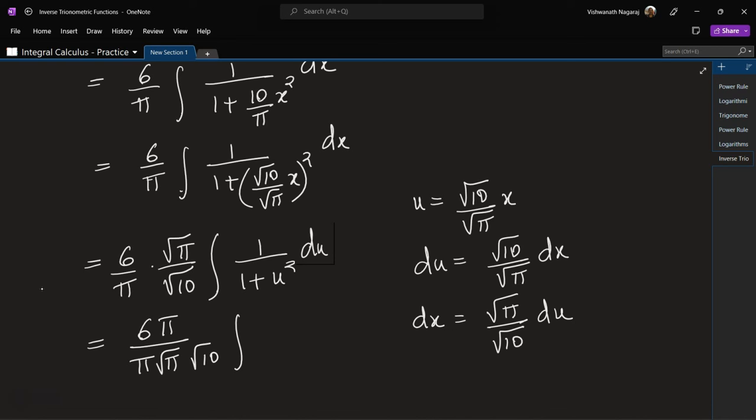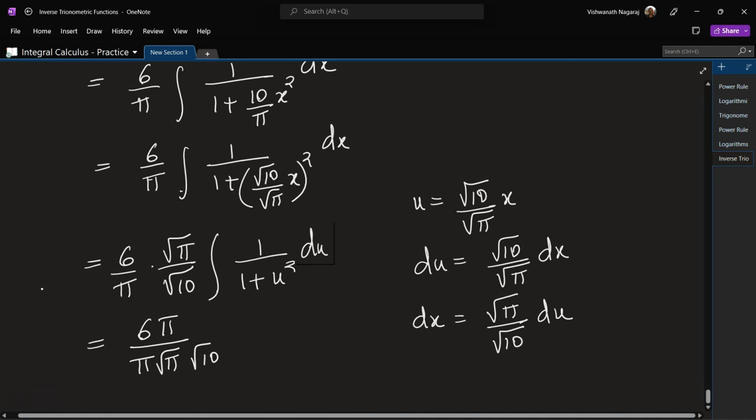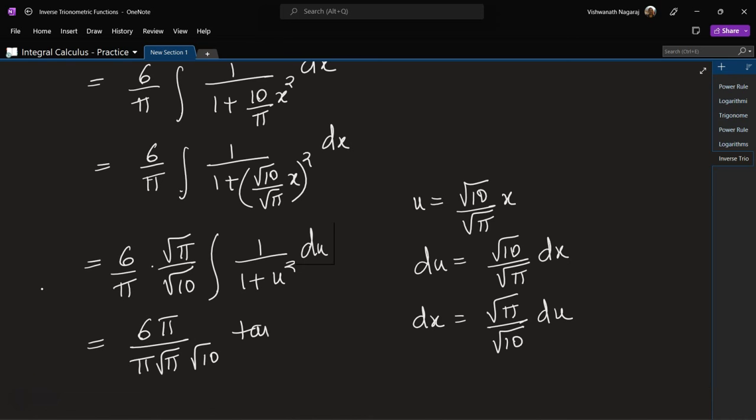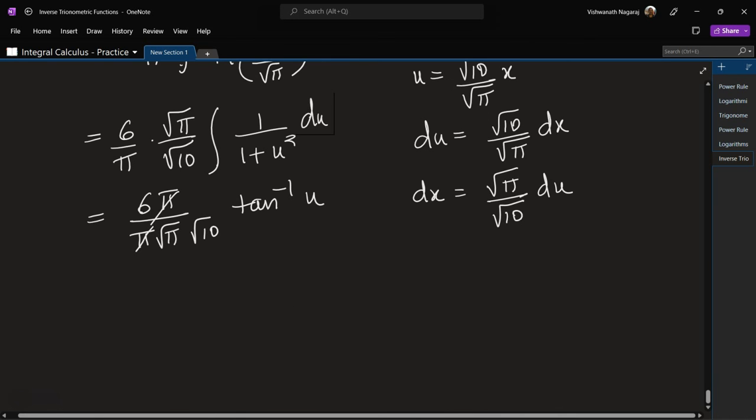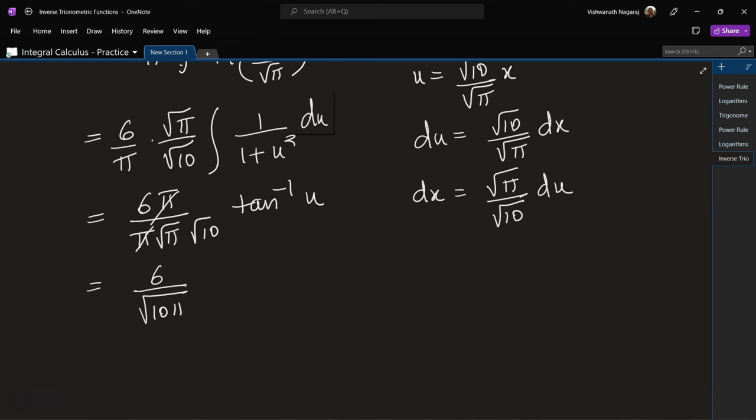Integral of... no, we can now actually integrate it. So this becomes tan inverse of u. Now pi and pi cancel, and we have 6 by square root of 10 pi times tan inverse of square root of 10 by square root of pi x.